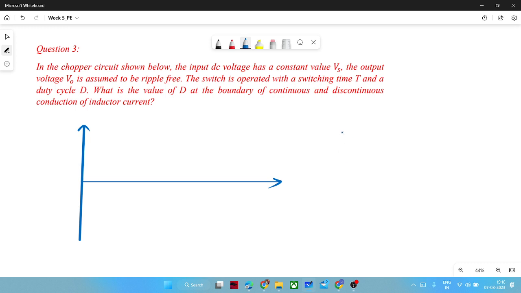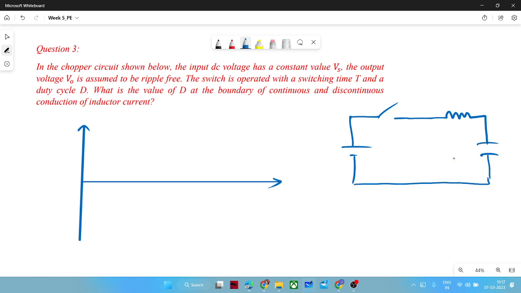So okay, let me draw it. Yeah, so this is your circuit, and you might have guessed.